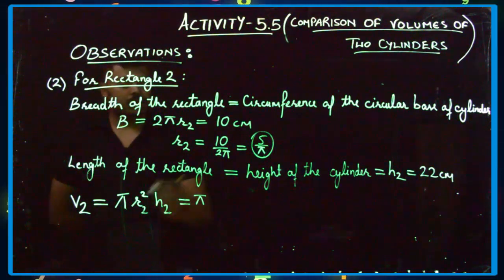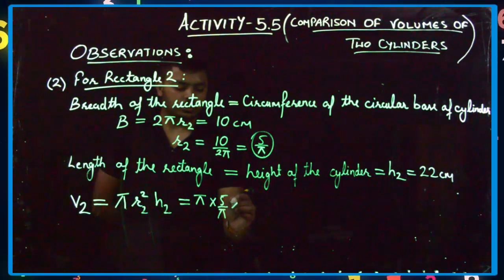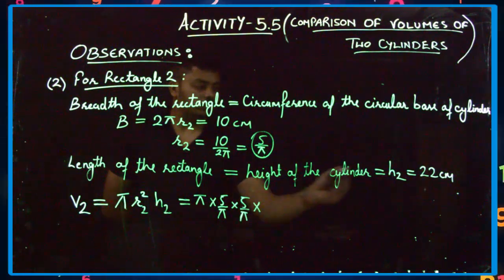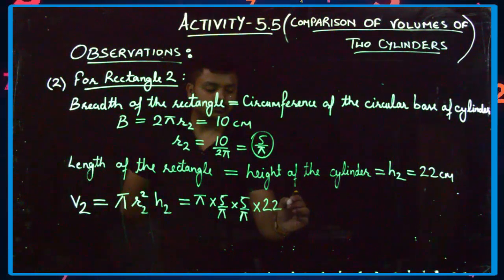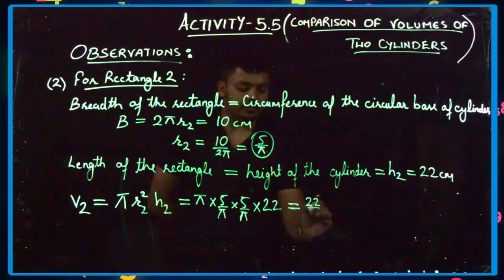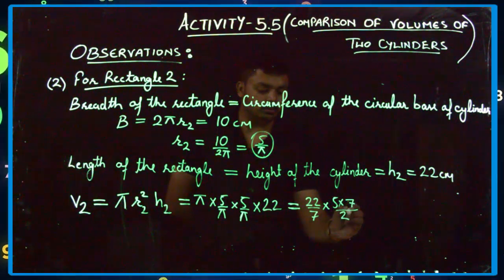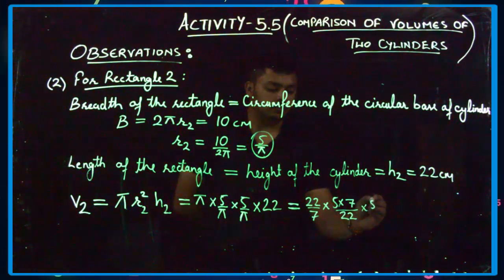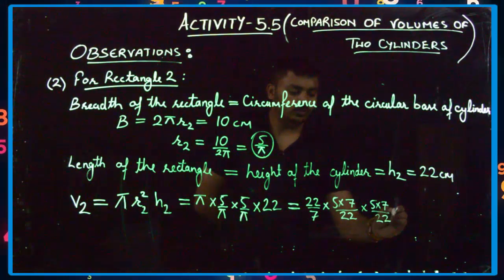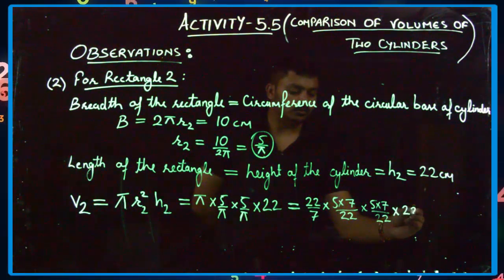So pi into 5 upon pi into 5 upon pi into H2 is 22, which is equal to 22 by 7, 5 into 7 upon 22 into 5 into 7 upon 22 into 22.